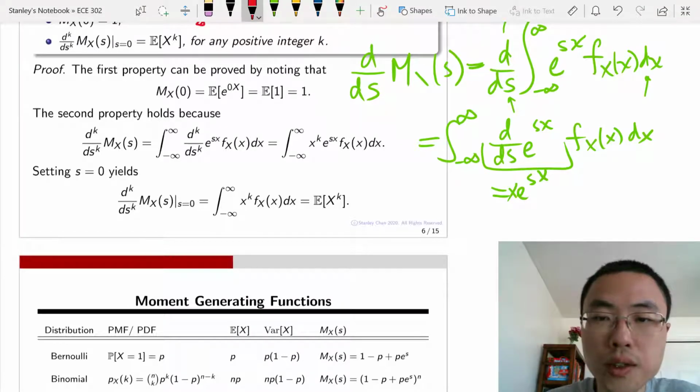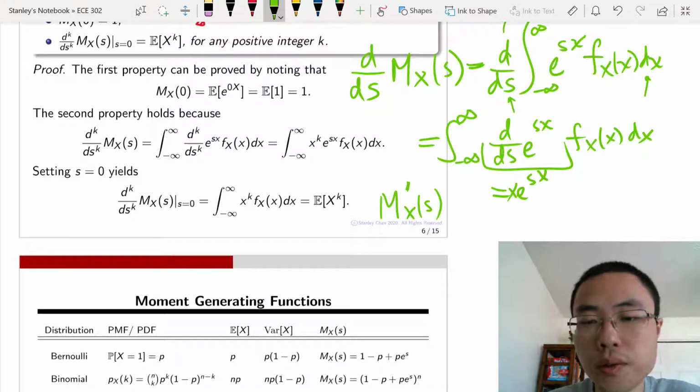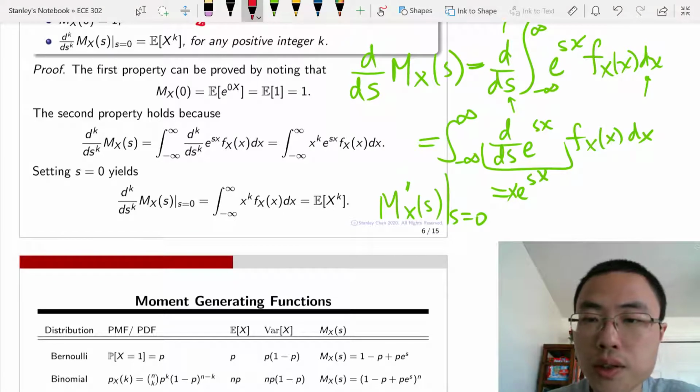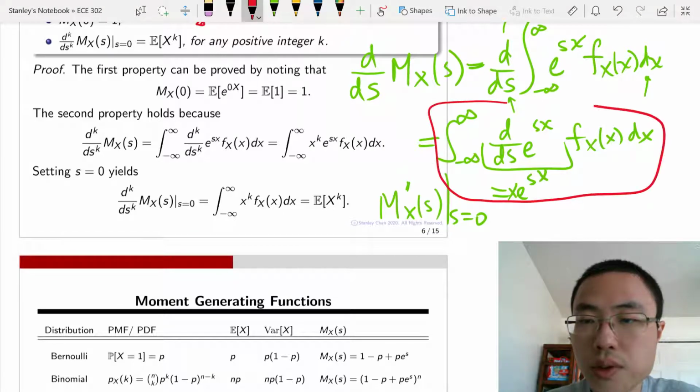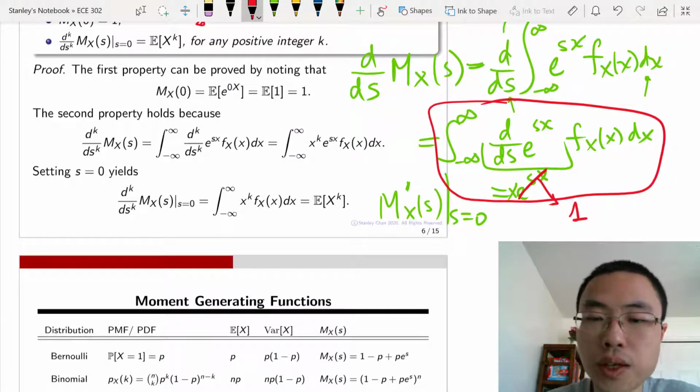So now if you say that I want to set this M_X prime of s with s equal to 0, that means I go to this integration and I'm setting the s to 0. So basically I'm knocking this term out because this term will go to 1. And so then you will have what?